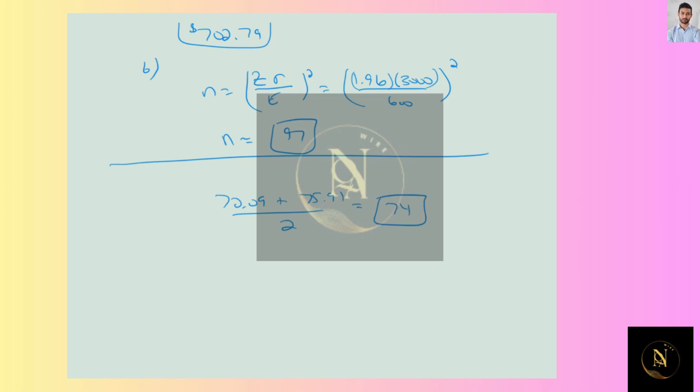And then the margin of error would be the difference between them divided by 2. What you'd be adding and subtracting. And that would be 1.91.